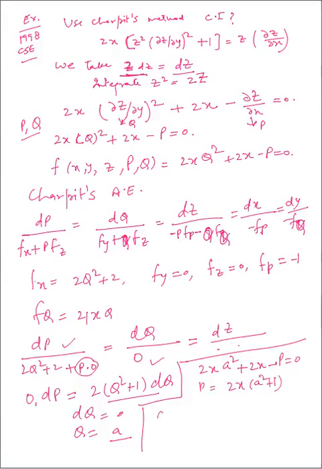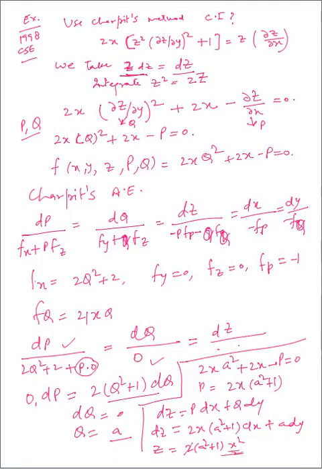We put in dz equals P dx plus Q dy. It comes 2x a square plus 1 dx plus a dy. We integrate it. So z is equal to (2a square plus 1) x square by 2 plus ay plus another constant.